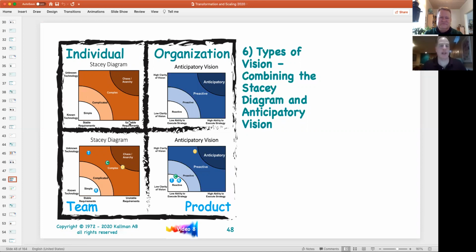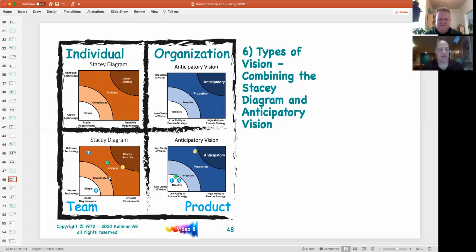So the more unstable the requirements, the more unknown, the more chaos and anarchy you're going to experience at the extremes. But if it's known and it's stable, then what you're working on is simple, or it's considered simple, but it's not that simple. And as you'll see down in the second tile in the team, where we're going to spend a good chunk of time explaining, you can see the ratings of those indicators.